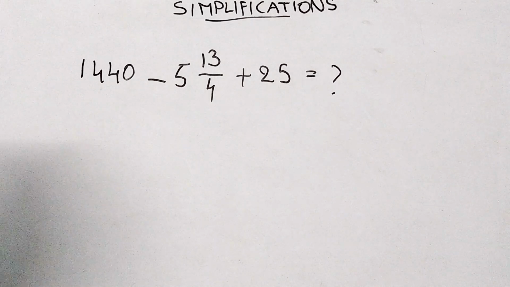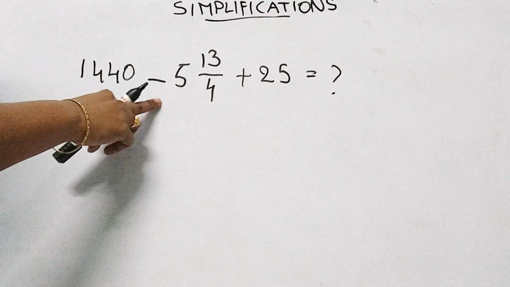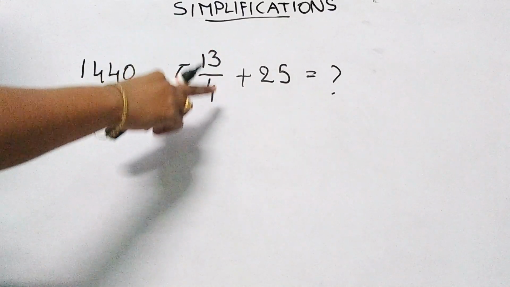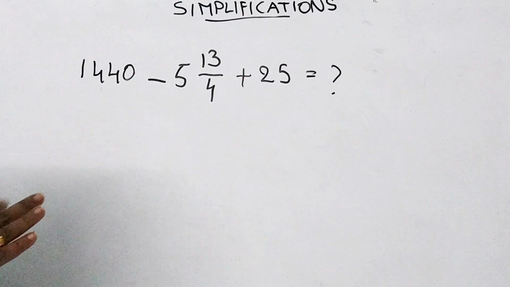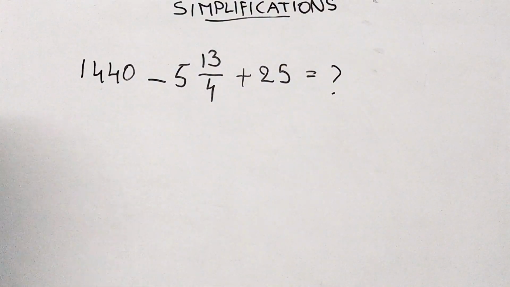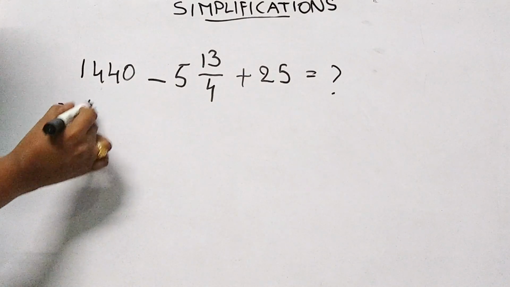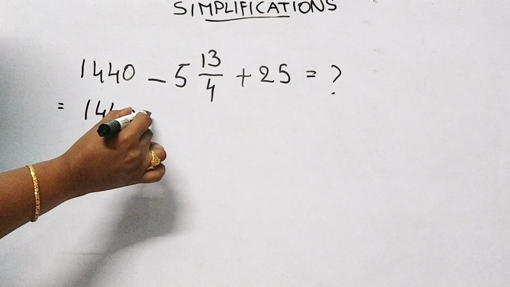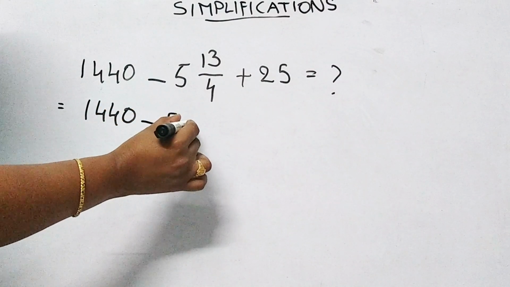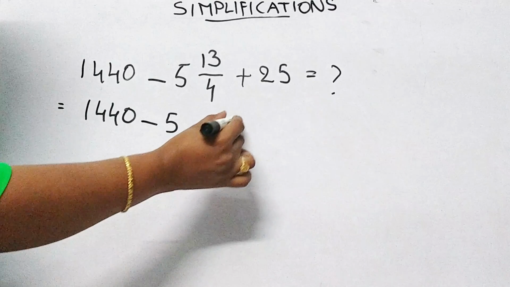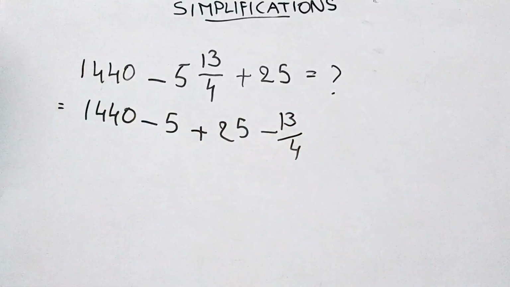Okay, our question is 1440 minus 5 13 by 4 plus 25 equal to what? We simplify this. I am writing it as 1440 minus 5 plus 25 minus 13 by 4.